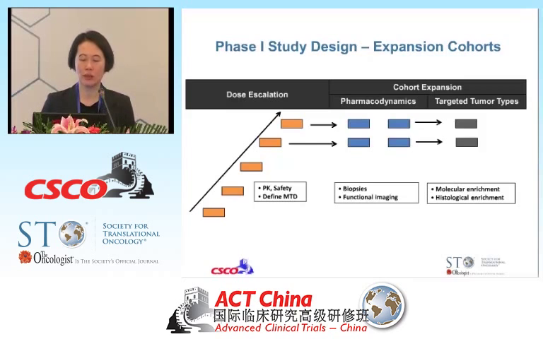Whether you're interested in looking at the pharmacodynamics to show the proof of mechanism that your drug is, for example, an ERK inhibitor and it inhibits ERK, you want to have biopsies or functional imaging to prove that you see target engagement, you see target inhibition, or functional imaging, the PET scan changes, proliferation is decreased, or other signs of cell death. So that's one reason you want to do a pharmacodynamic expansion cohort.